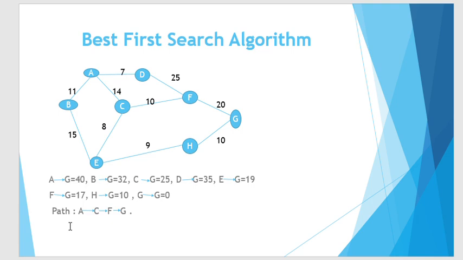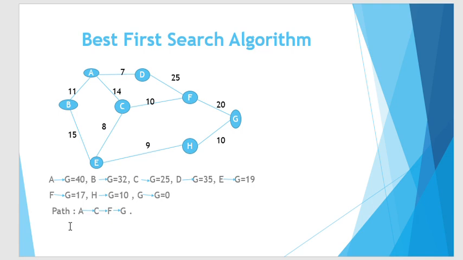Now to reach from A to G, first of all, as I told you, what does best first search use? Heuristics. Now over here, which heuristic method are we using? To calculate the heuristic, we are using the straight line distance, that is also called Euclidean distance.